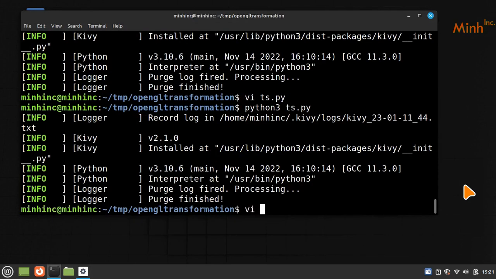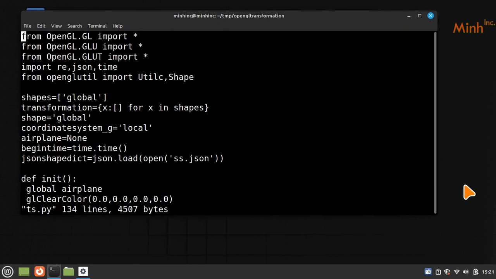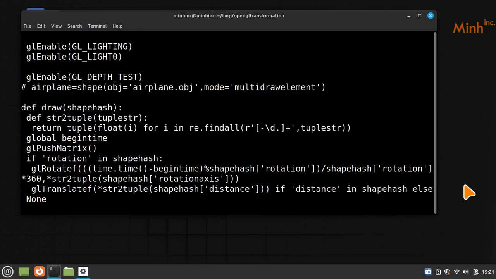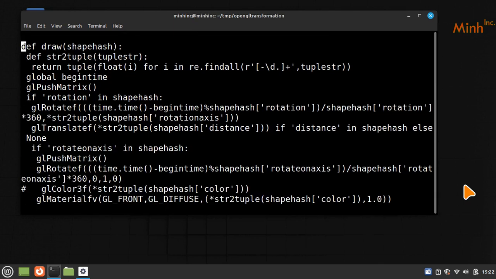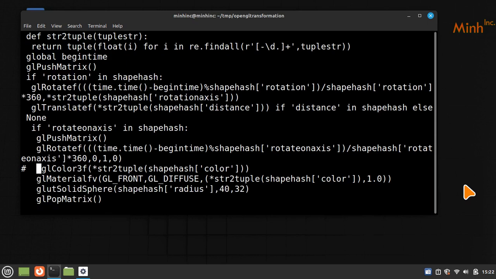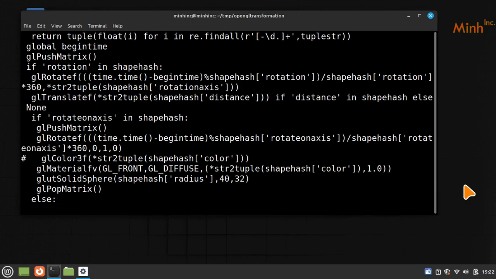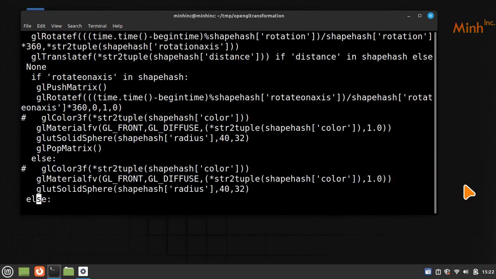So I'll demonstrate the draw function a little bit again. Draw is a recursive function, and every time it receives a hash, and if there is a rotation in the hash, then we think it is a kind of planet, and we translate. Then if it is rotating on its own axis, we push the matrix and rotate it again, come back with the pop, otherwise we draw it.